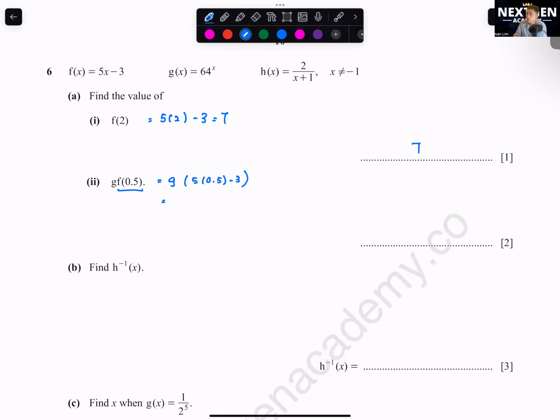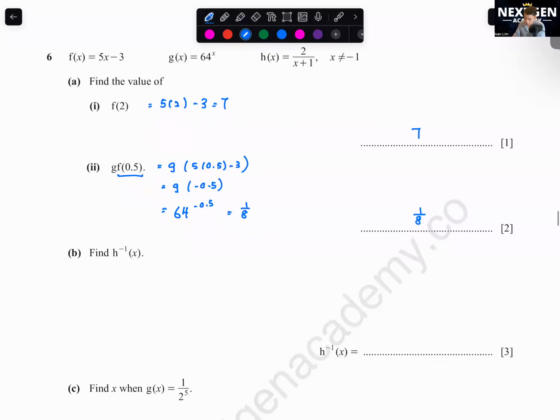This is a composite function. So you get here G of negative 0.5. G is 64. So 64 to the power of negative 0.5, which equals 1 over 8. Okay, don't do mental calculation. This one just type into calculator.